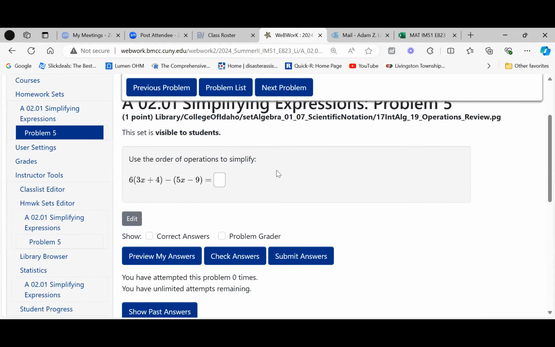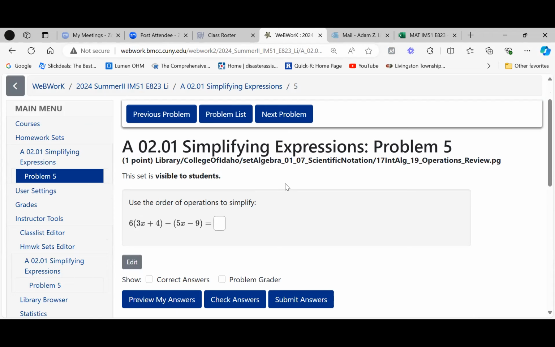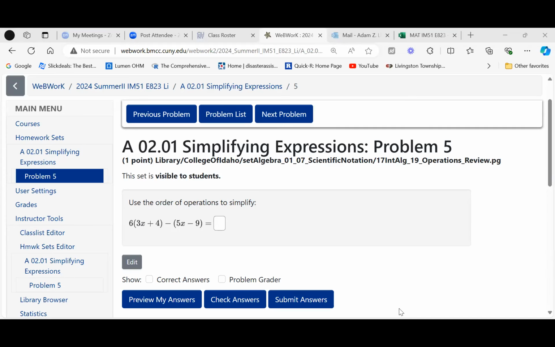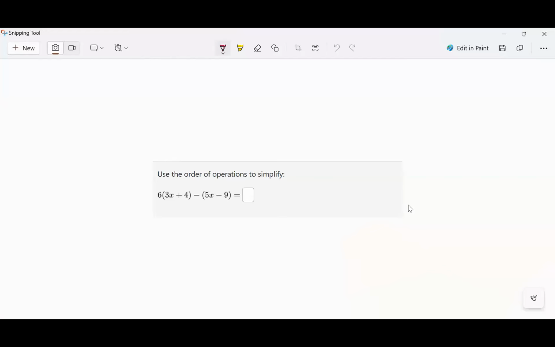Now let's look at this one, right? Use the order of operations to simplify. You can put that invisible 1 here if that helps, and do this, right?